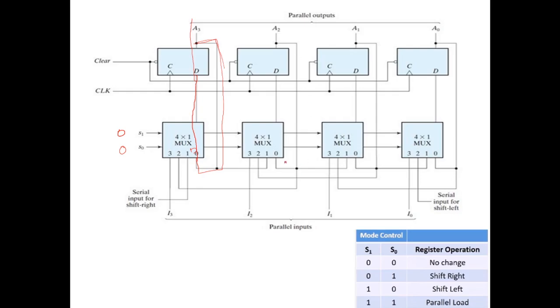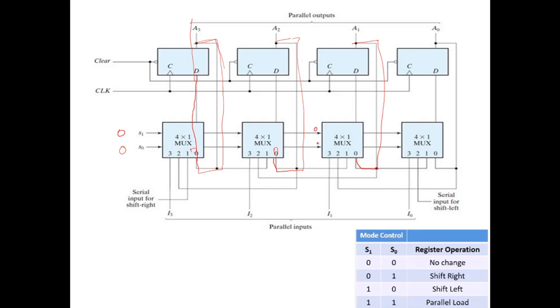Similarly for all the flip-flops, to get this operation we connect all the select lines together: S1 of each multiplexer together, and S0 of each multiplexer together. When it selects 00, it selects the D0 of that multiplexer, which appears at the output. So the output of each flip-flop has to connect to the D0 of its multiplexer.